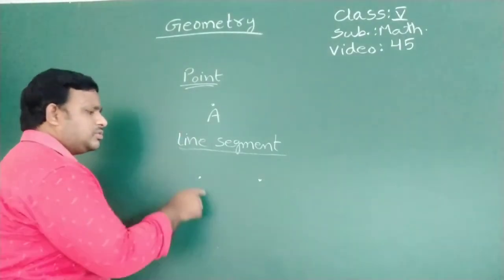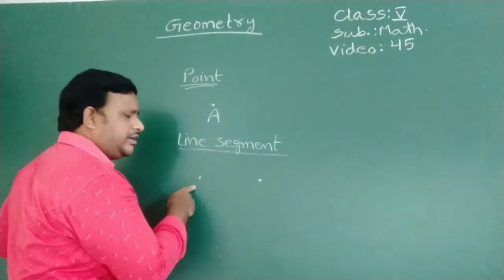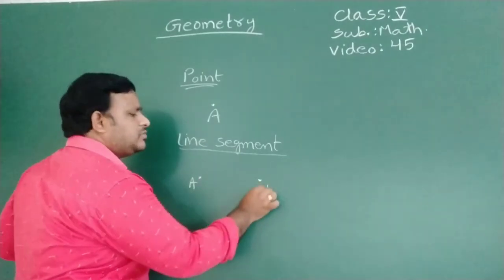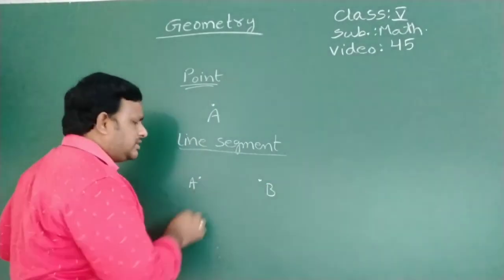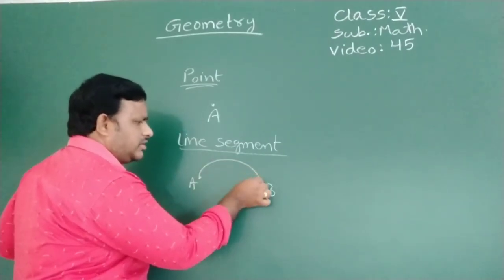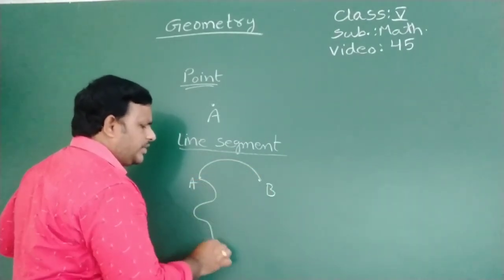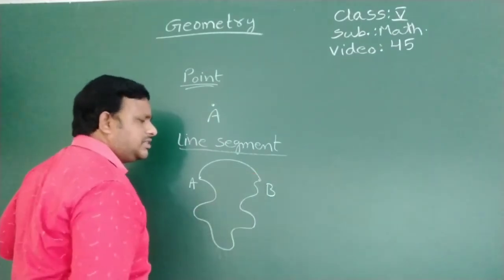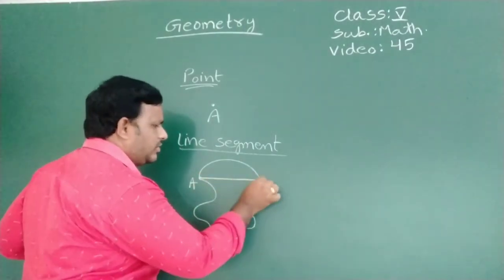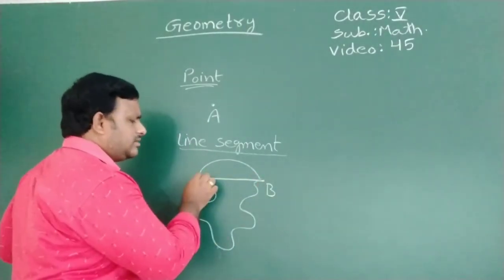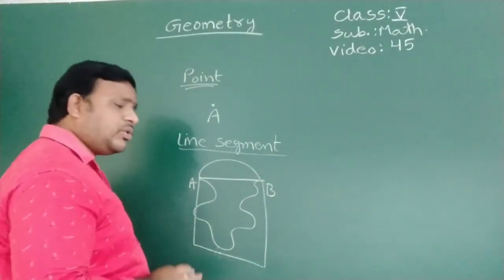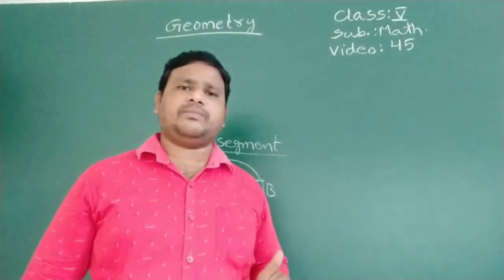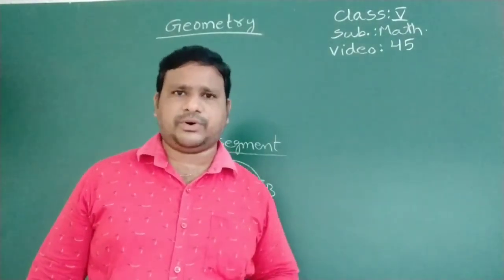If you want to move from point A to point B, we can move in so many ways, isn't it? Like this we can go, or like this, or straight away. There are so many ways to move from one point to another point.